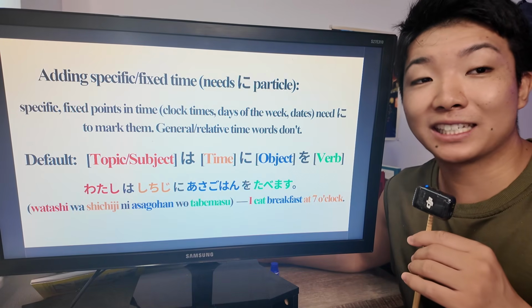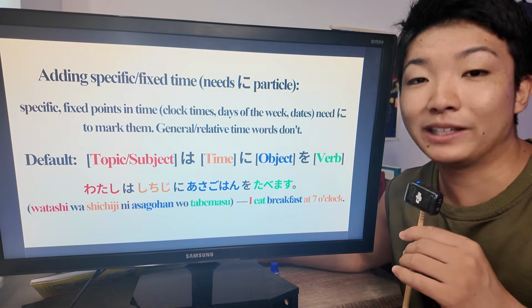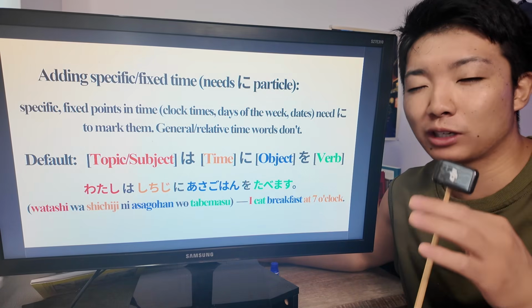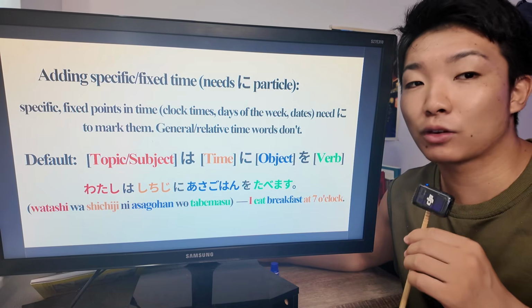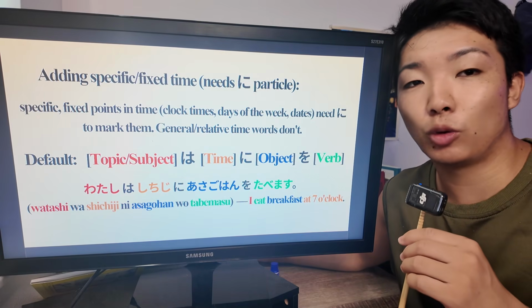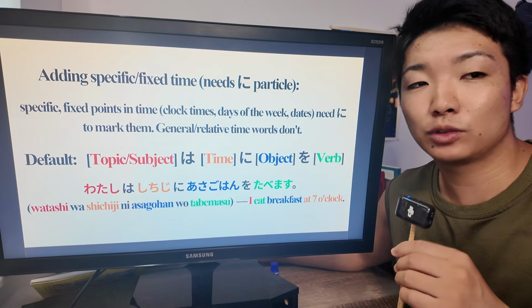Also, you can add a specific time by using the に particle. We can talk about particles later. But a specific fixed point in time, like a clock time, days of the week, or a date, needs に to mark it.